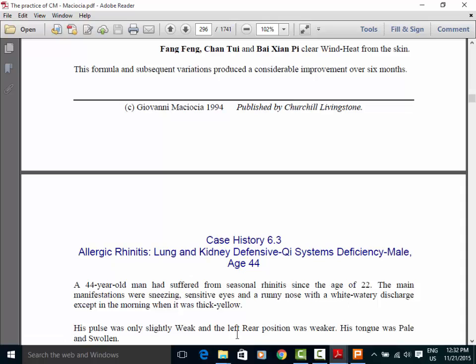His pulse was only slightly weak and the left rear position was weaker. So again, this is probably a slight yin deficiency, but primarily this is more of a damp, like spleen deficiency, right? It says lung and kidney deficiency, but it looks like there may be some small element of spleen weakness here. Not a whole lot, but a little bit, all right?